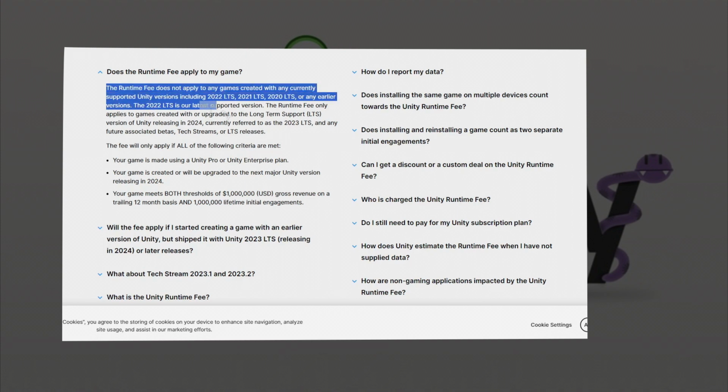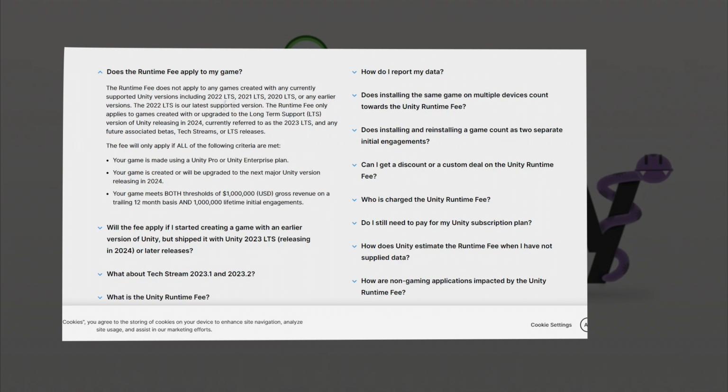We can read here that no, it does not apply to any supported Unity versions including 2022, 2021 and 2020, as I said. So this is interesting and really good, I think, for the game developers, if I am understanding correctly.